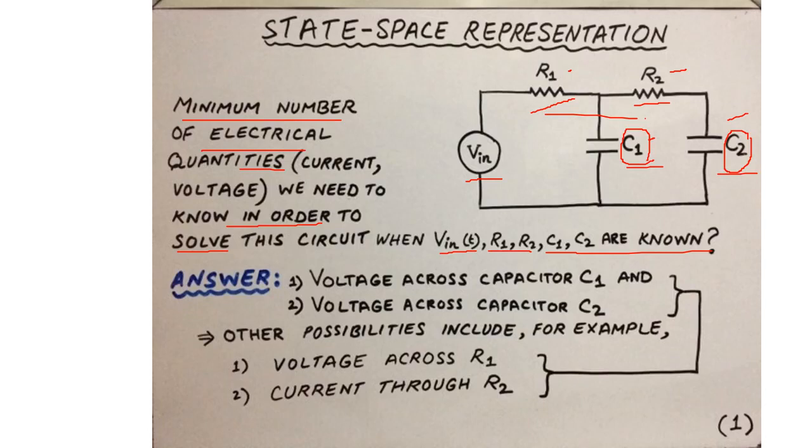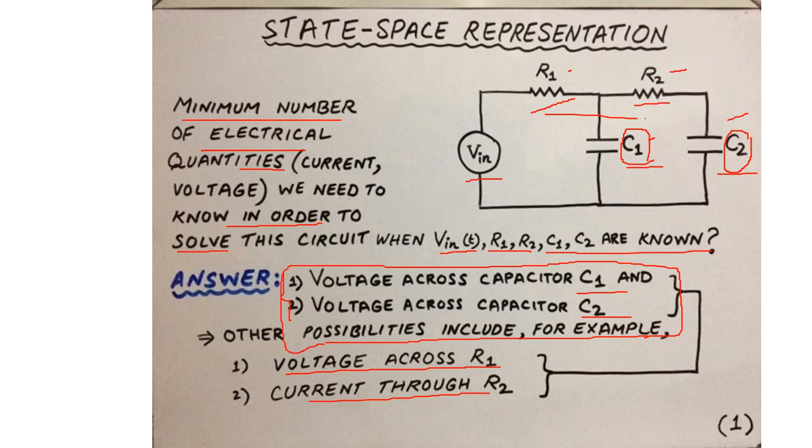There can be multiple answers to this question, but one answer would be that if we know the voltage across capacitor C1 and the voltage across capacitor C2, then the problem is solved. Note that other possibilities also exist, such as the voltage across resistance R1 and the current through resistance R2. But let us go back to our main answer.